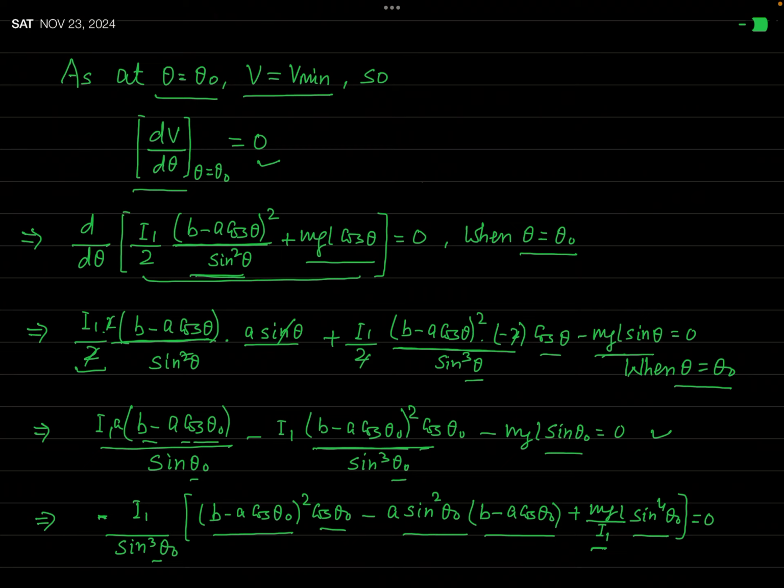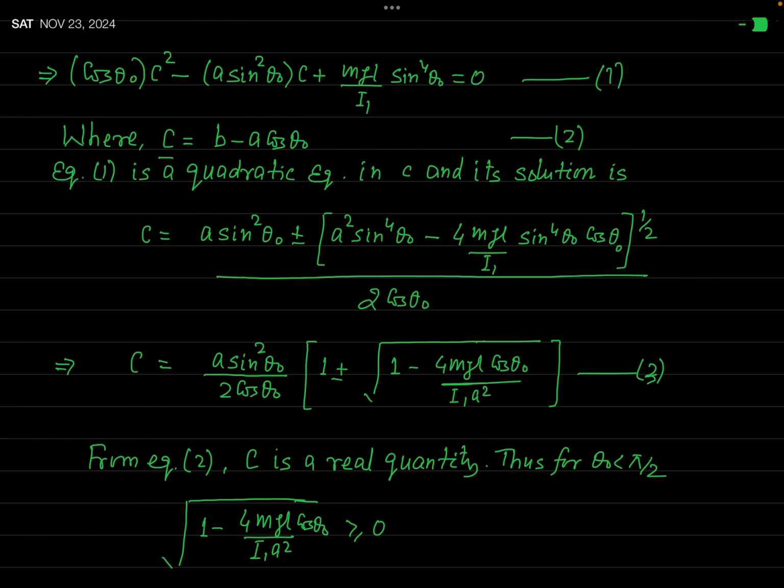Now, since this I1 over sine cube theta naught cannot be 0 for all values of theta naught, therefore, definitely the expression inside the square bracket must be equal to 0. And therefore, I have written this expression in this manner: cos theta naught c square minus a sine square theta naught times c plus mgl over I1 times sine 4 theta naught equal to 0.